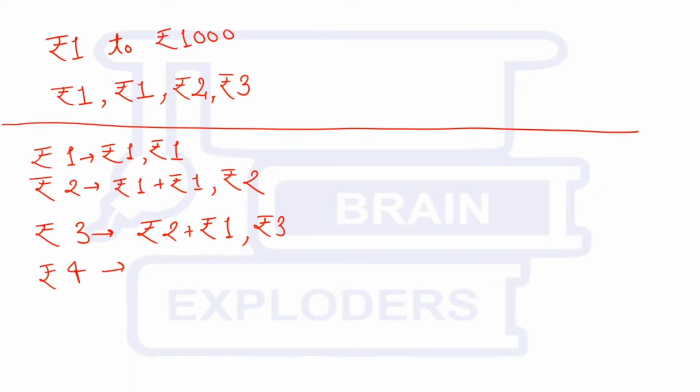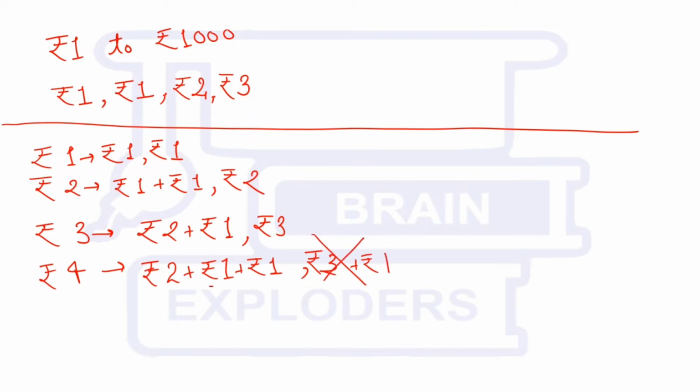here also we can pay it. Now a confusion may occur over here, like some people can do it like this: rupee 1 plus rupee 1 plus rupee 1, and another like rupee 3 plus rupee 1. But this is wrong. Why?